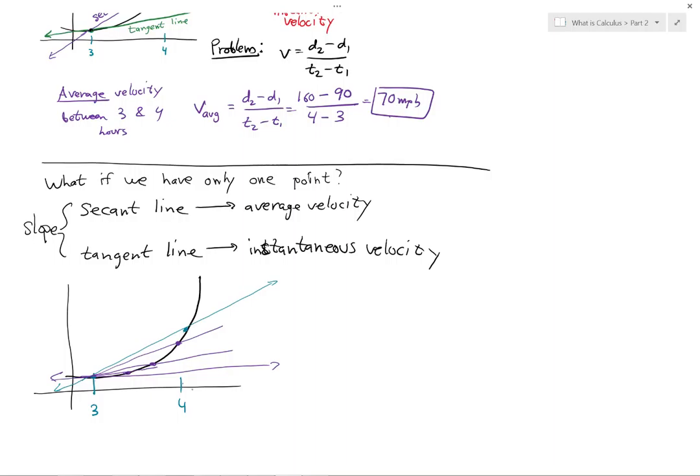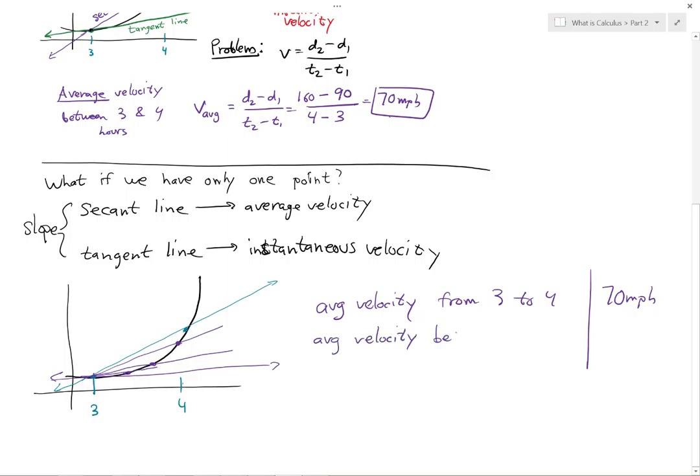Put differently, I can take the average velocity from 3 to 4, and we calculated that last time. That's 70 miles per hour. Let's take the average velocity between, let's say, 3 hours to 3.1 hours.